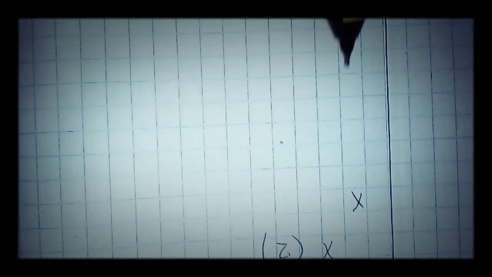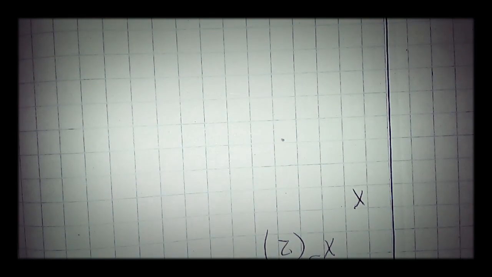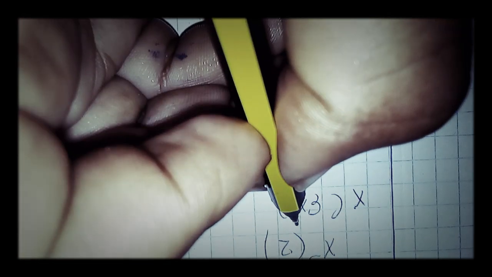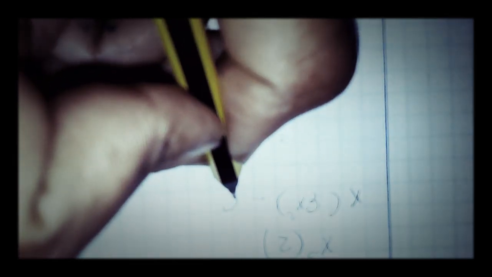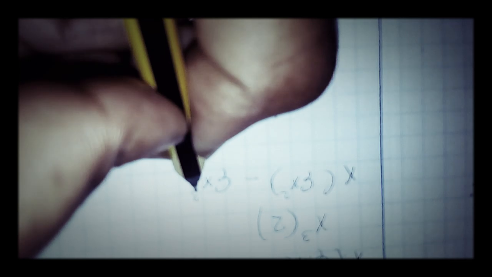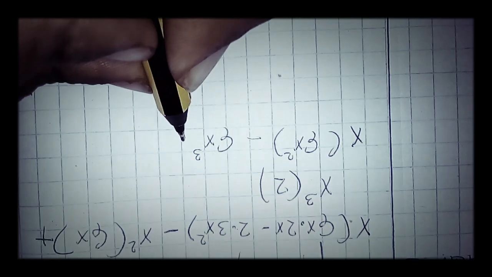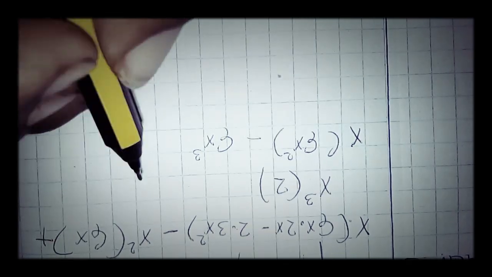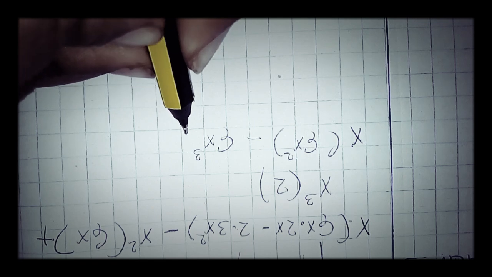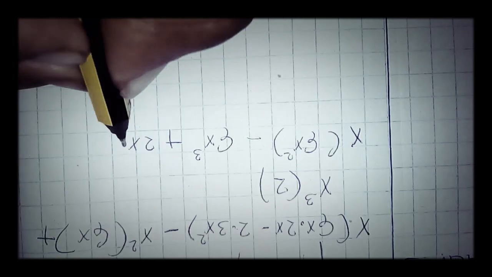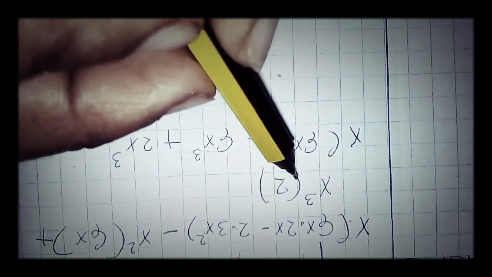If we work out that, multiplied by 6x squared minus 6x cubed, yes, this times this, plus 2x cubed, this times this.